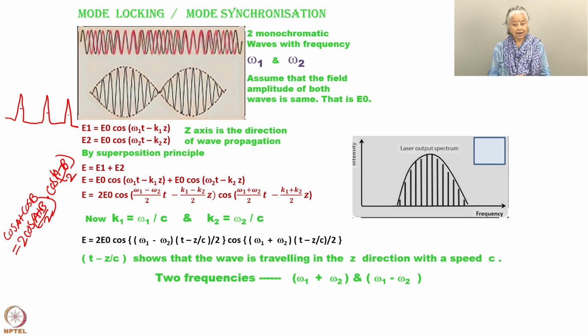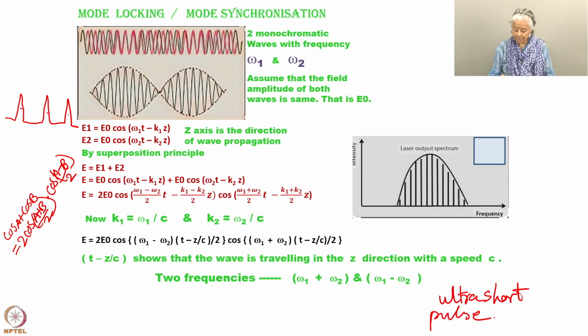Okay. And a side effect of this mode synchronization is pulse shortening. So you get a very short pulse. It can be called ultra short. That is a consequence of mode locking.